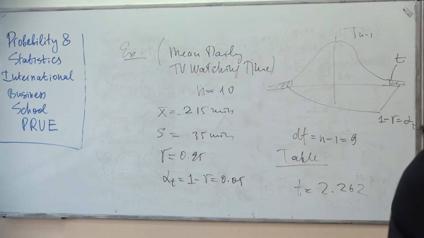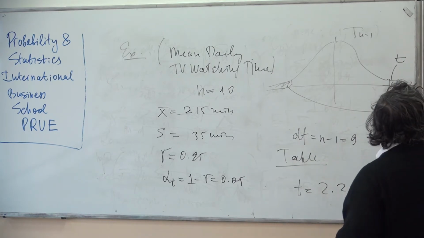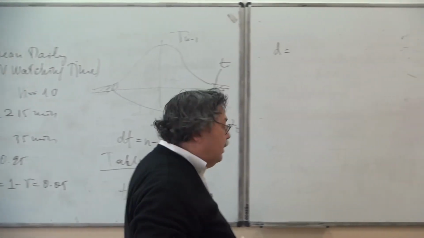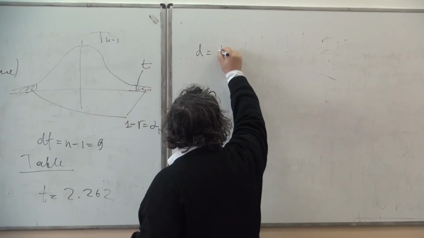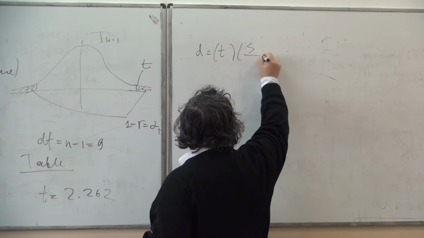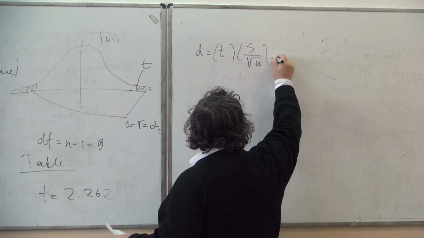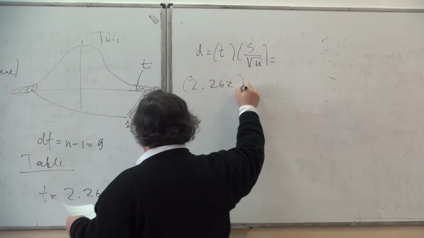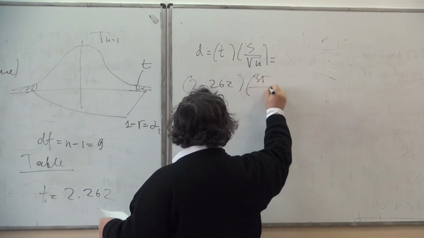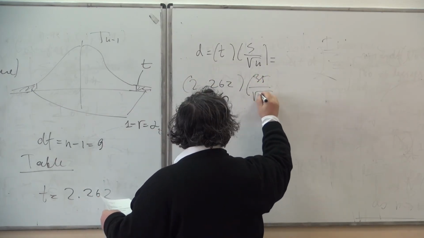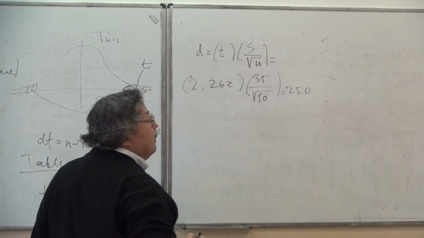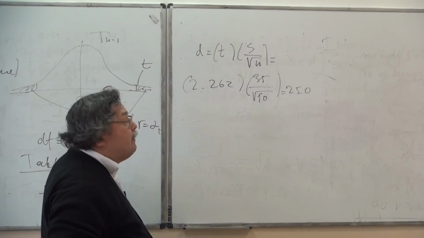Now the half width of the confidence interval is t multiplied by s over root n, and here it's 2.262 times 35 over root 10, and it's this, about 25.